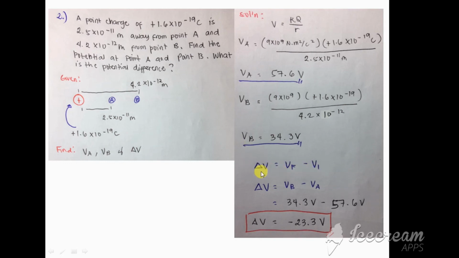Now, as you can see, the final position here is B and the initial position is A. So, by applying the formula of electric potential difference, which is equal to the final electric potential minus the initial potential, we have here 34.3 volts minus 57.6 volts, giving us an electric potential difference of negative 23.3 volts. So kindly check again on your calculator if you get the same answer.